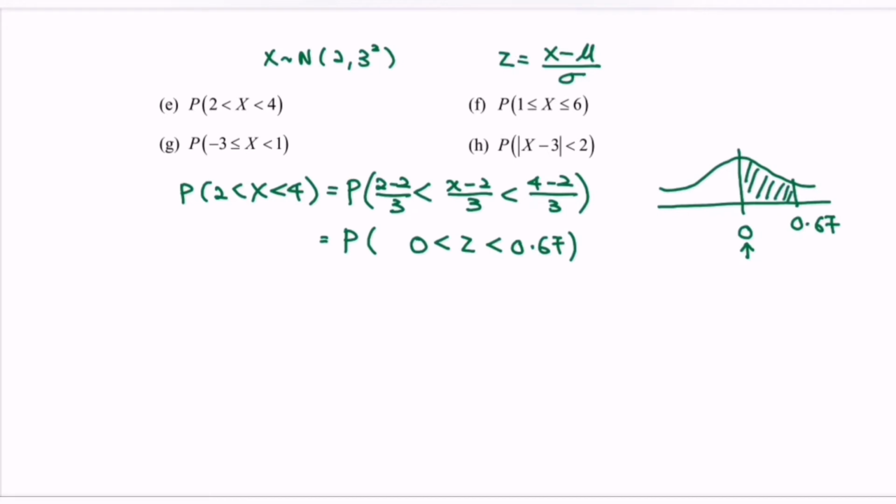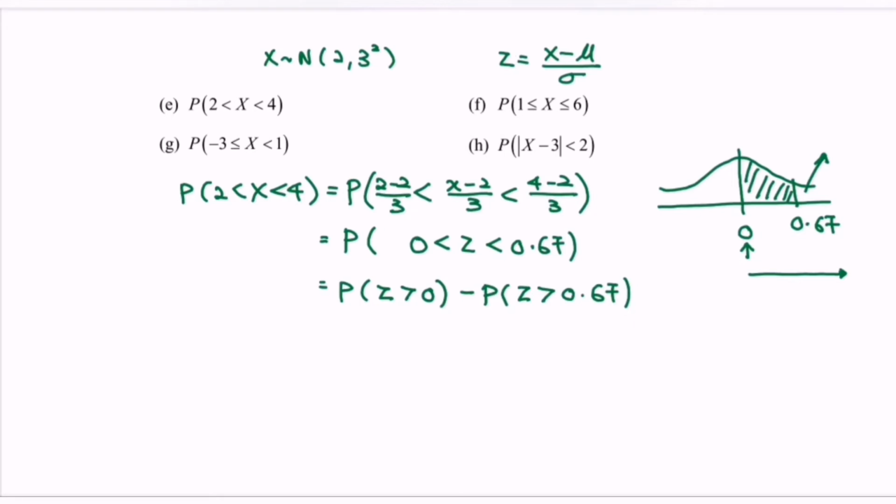By referring to the situation, we have the probability that z is greater than 0, so we will have this part greater than 0. Then what we have to do is eliminate this part, where we have minus the probability that z is greater than 0.67.